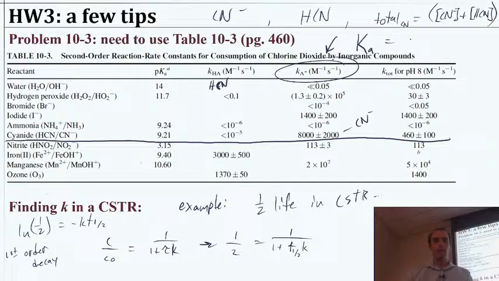Ka is 10 to the minus 9.21. And this is going to be equal to the products over the reactants. The products of HCN dissociating should be H plus and CN minus, divided by HCN.